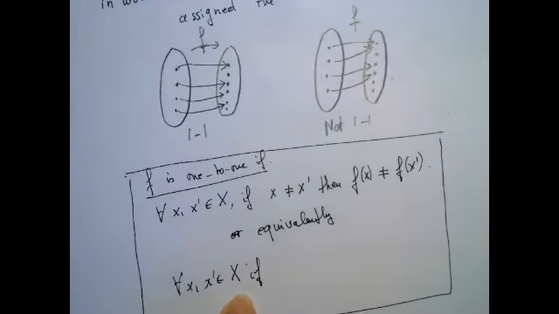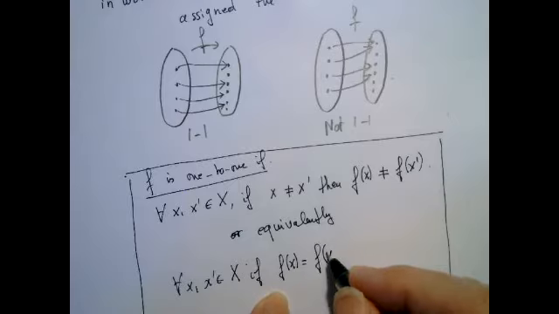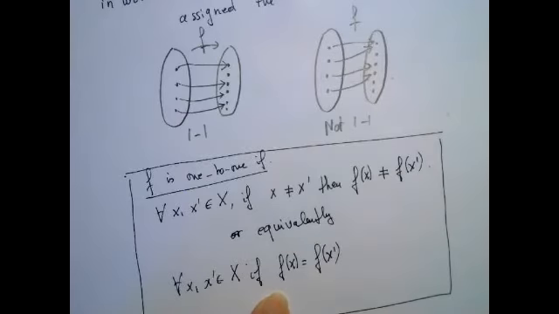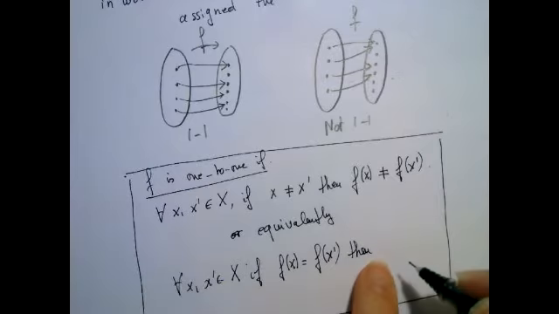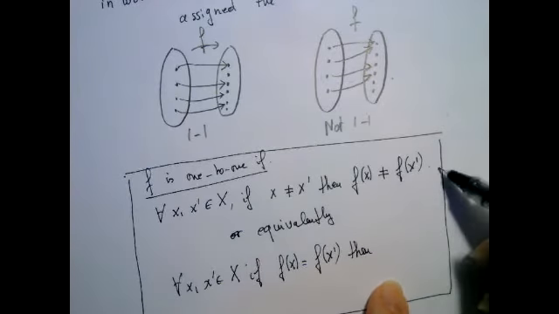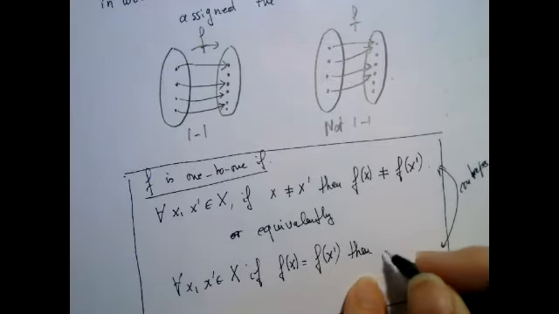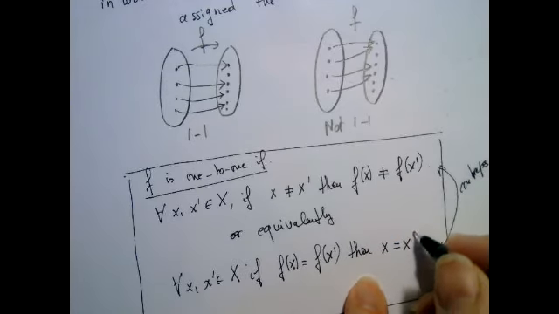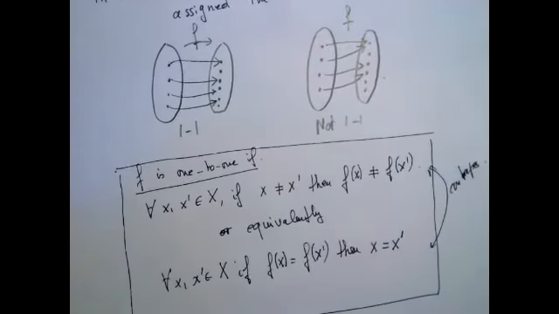If, given any two elements, if those elements happen to be assigned the same thing, then who would like to finish my sentence? I'm writing the contrapositive. So from here to here is actually the contrapositive. Then X and X prime are equal. Then X and X prime have to be equal. That's 1-to-1. Both definitions are equivalent to each other.